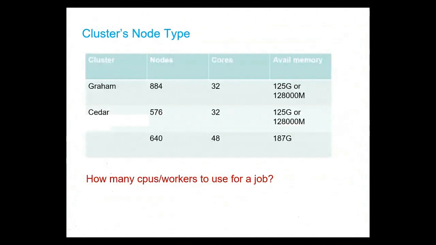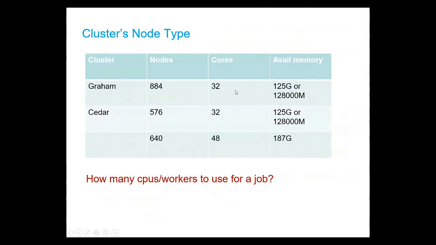On a cluster, what's the maximum? Well, that's a little bit about the hardware structure. On RAM, there are over 800 compute nodes. The nodes all have 32 CPUs, and the available memory is about 125 gig.